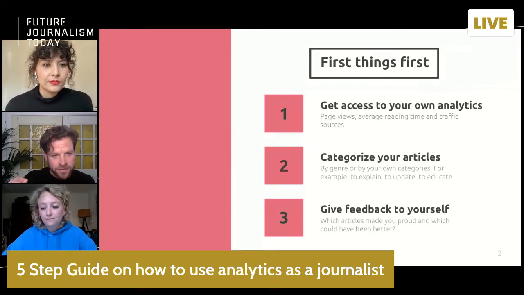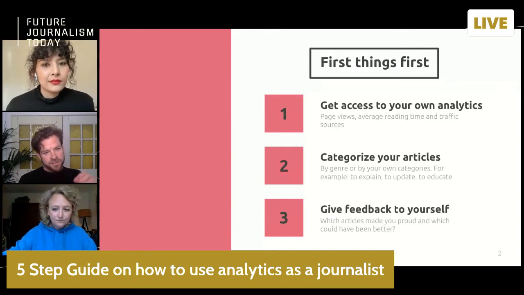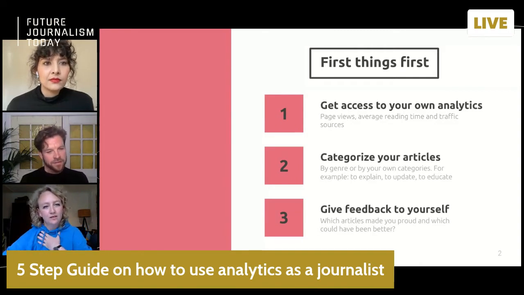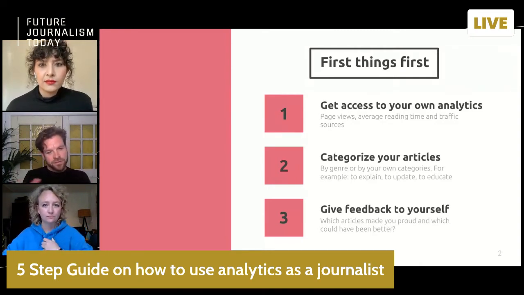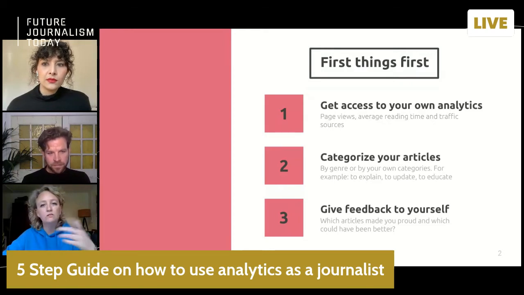And I see these categories, to explain, to update, to educate, I encounter these in models like the BBC World user needs models, and I think there are some others that are similar. Did you take a few pages from those models as well? You can use those. There are 6 reader needs in the BBC model. Yeah.